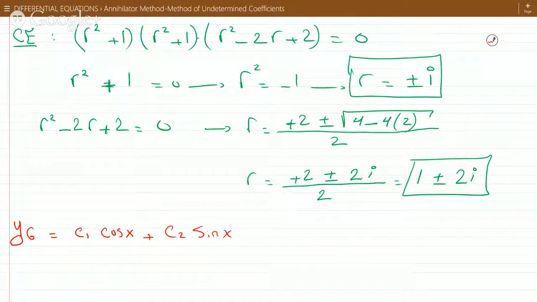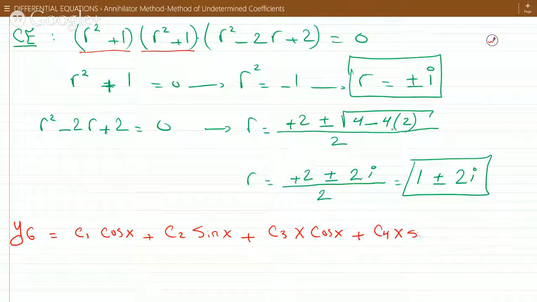Because these are complex conjugates. Okay, and then you have them again one more time, so you get C3 cosine x, but this time you multiply it by x because they're repeating, because the r squared plus 1 repeats. Plus C4 x sine x. So you multiply the sine and cosine terms by x because they repeat.